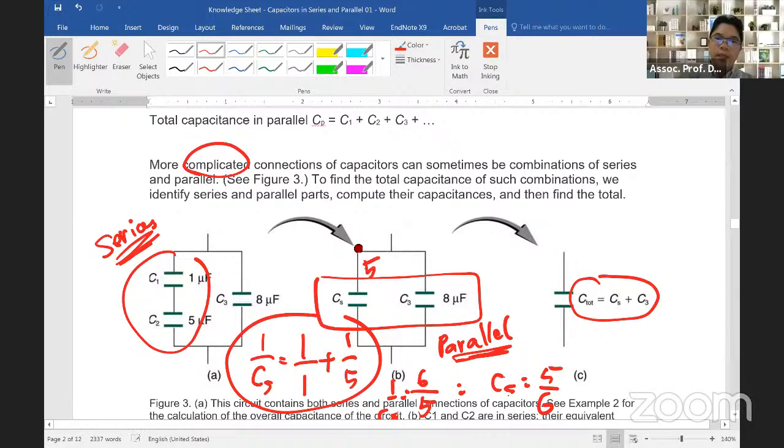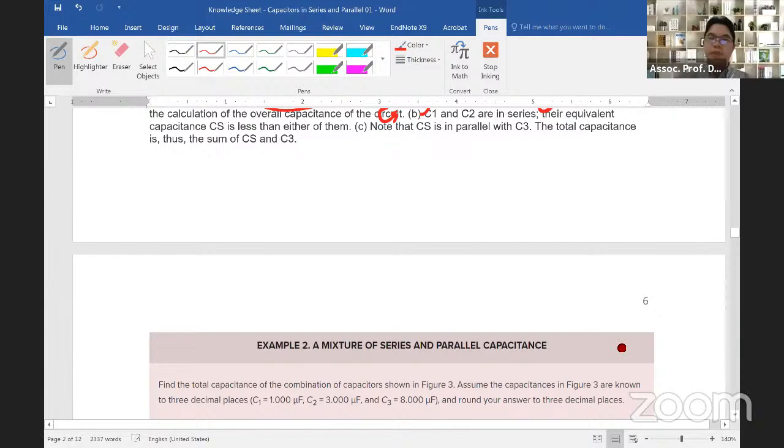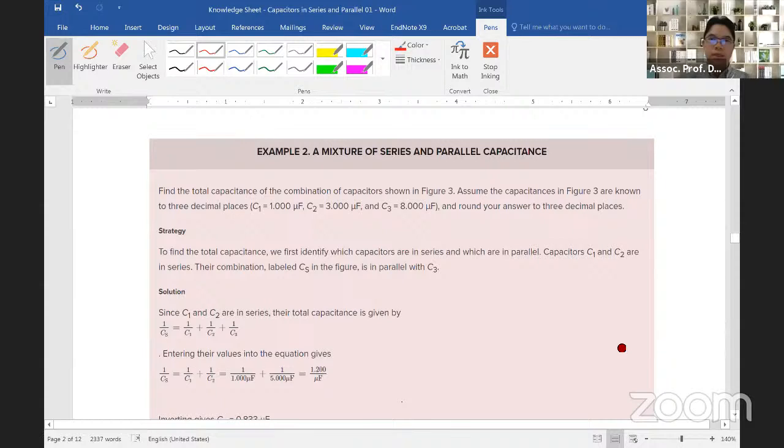And then the value here, so you can combine them together at this time. Just very easy. That's a mix of the capacitance. So you just try to complete one before you go to the next one.